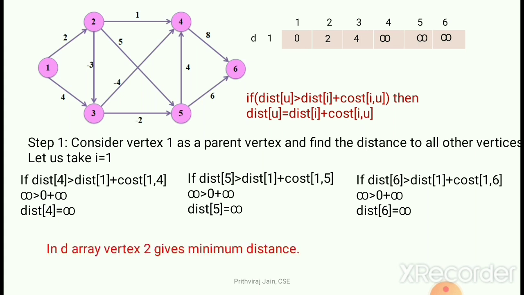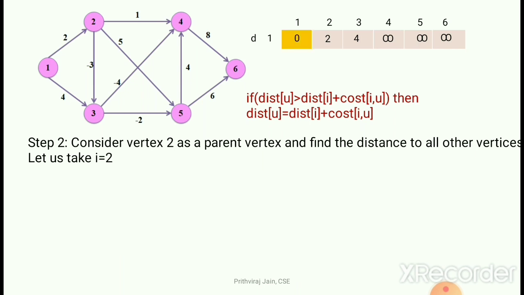One thing you can observe in this array after one iteration is that vertex 2 gives the minimum distance compared to all other vertices, and we have already computed for vertex 1. Now step 2: consider vertex 2 as a parent vertex and find the distance to all other remaining vertices.